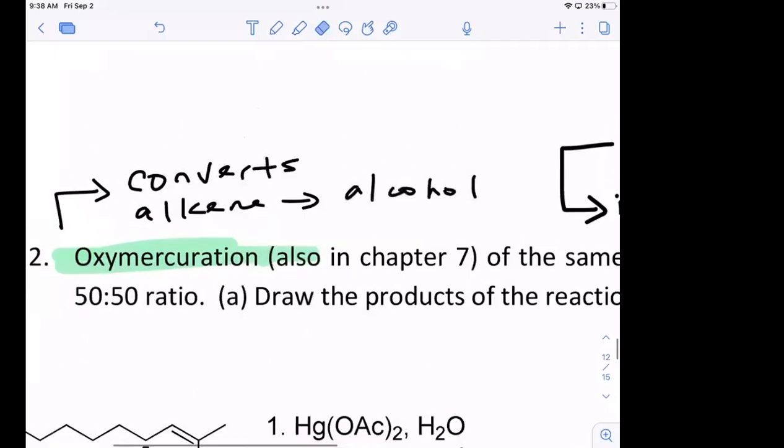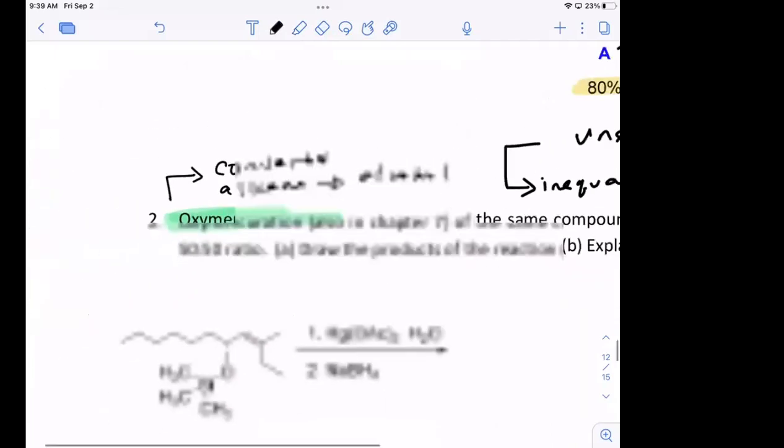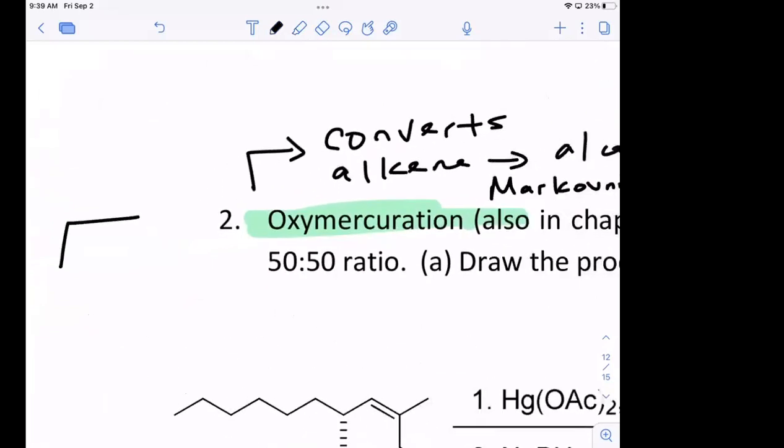So we said a minute ago, hydroboration was anti-Markovnikov. Oxymercuration has Markovnikov regiochemistry. Let me give you a really basic example of what that means, because in both of these reactions, in essence, you're adding water to the double bond.